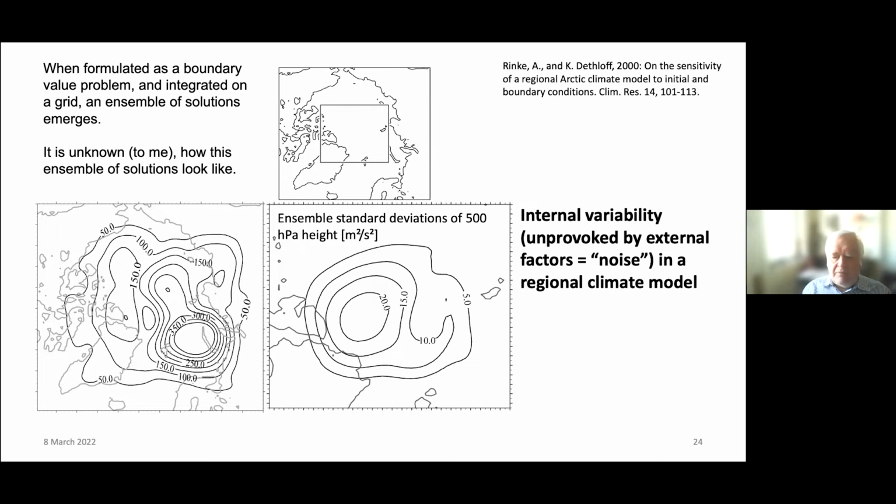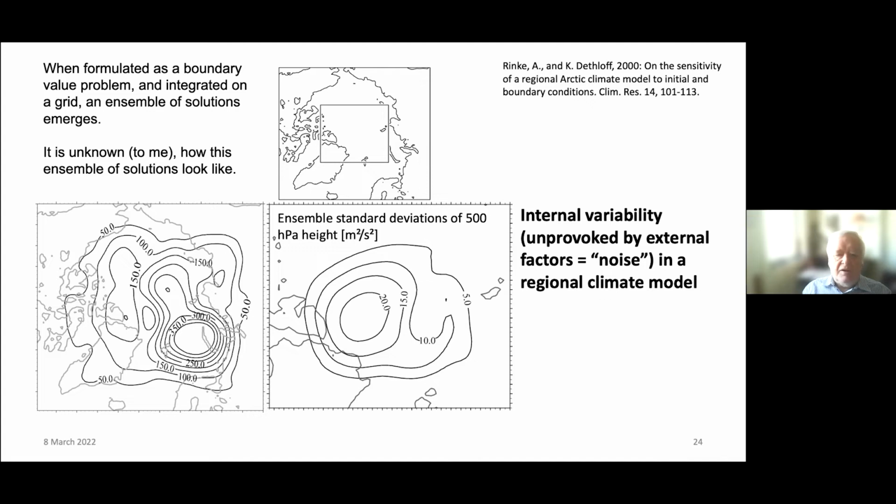And then they ran several of these realizations, and they found that the different realizations have different solutions or different developments. This is demonstrated by the internal variability in the two diagrams, one for the larger block and then also what happens if you go for the smaller block.